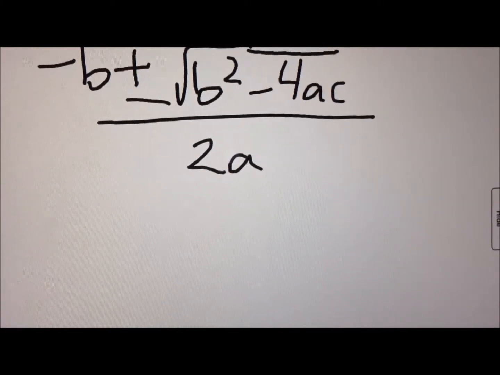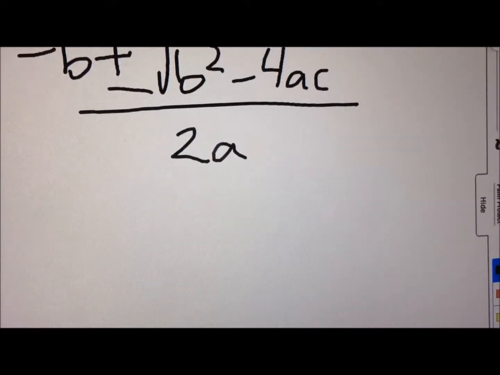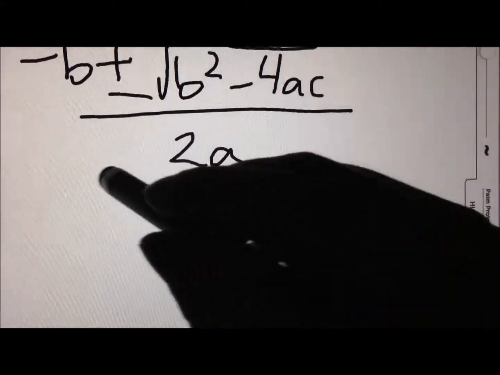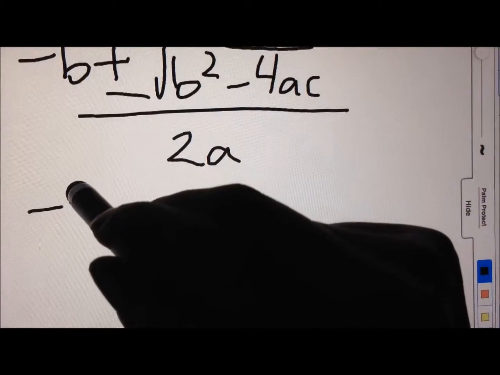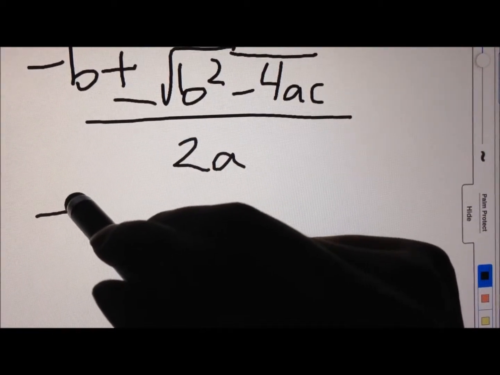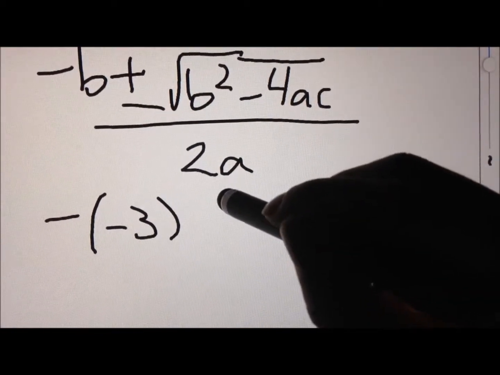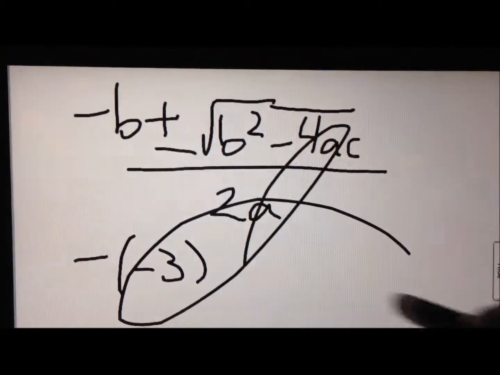So, say you have negative 3, let me erase this really fast so we have more room.